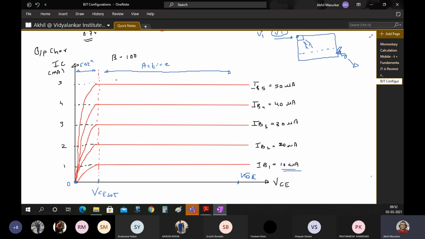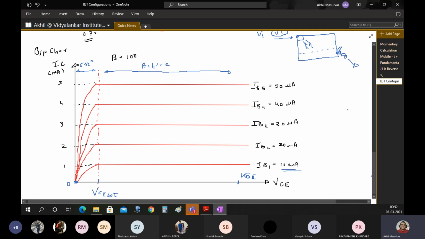So what it also means is that if I increase IB, my IC increases in active. So this principle I can use for amplification. That means I will apply something at the base which is in microamperes, and I'll get something at the collector which is in milliamperes.